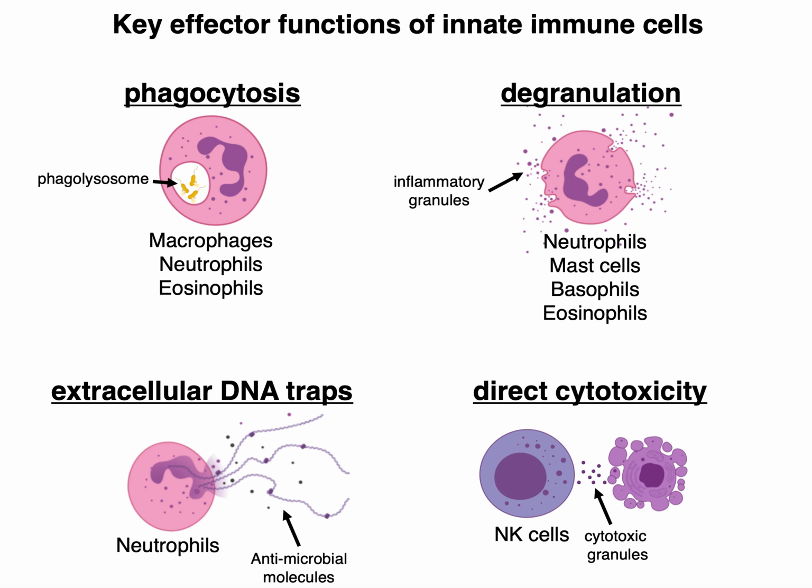So this is a review from the Intro to Immunology mini video that reviews some of the key effector functions of innate immune cells once they traffic to this site of pathogen replication. That includes phagocytosis, degranulation, spitting out extracellular DNA traps, or direct cytotoxicity in the case of viral infections.